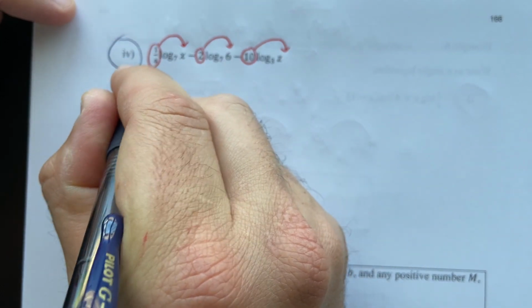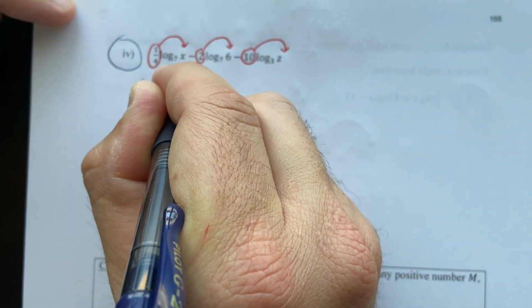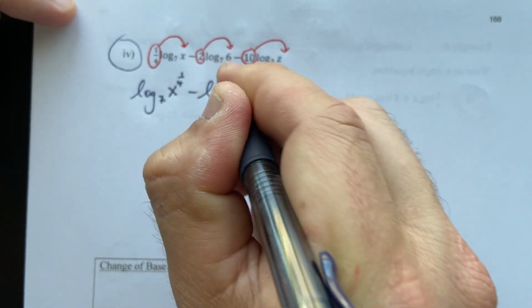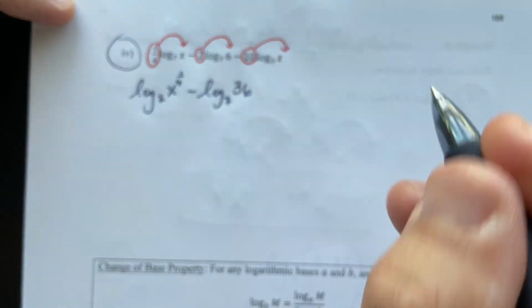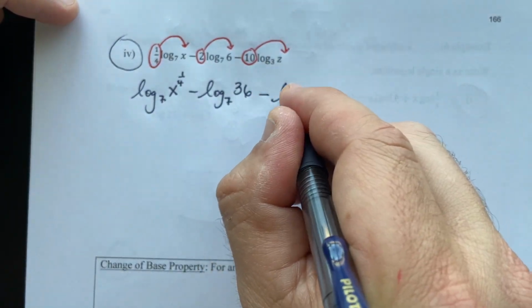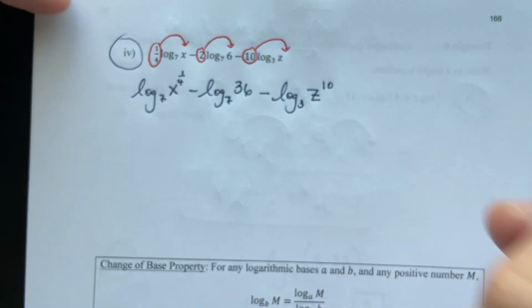Okay, so I'll have log base 7 of x to the 1/4 minus log base 7 of 6 squared, I'll just write 36, and then minus log base 3 of z raised to the 10th.